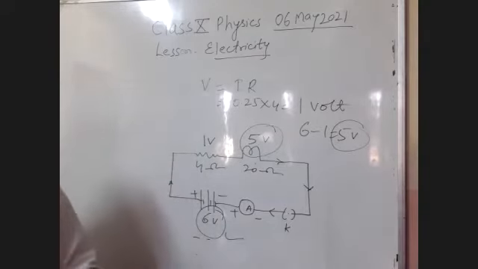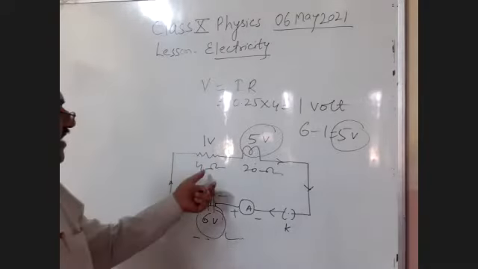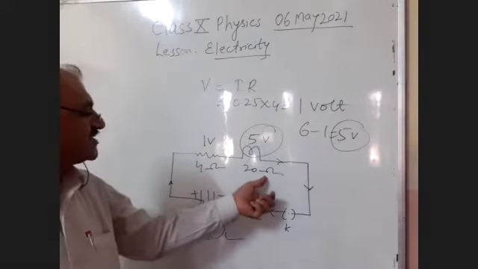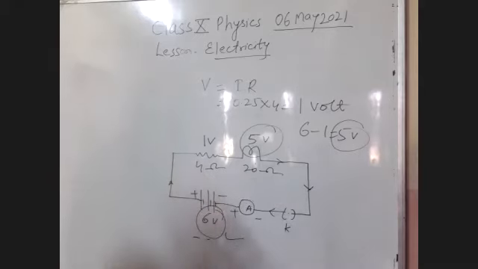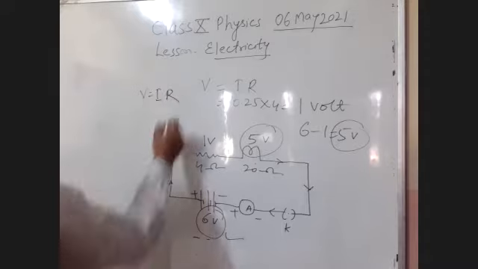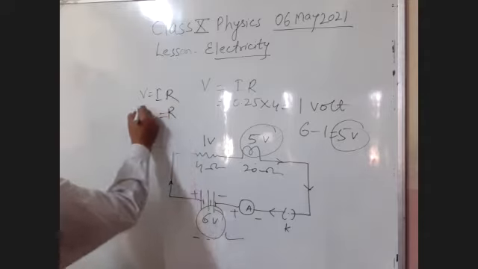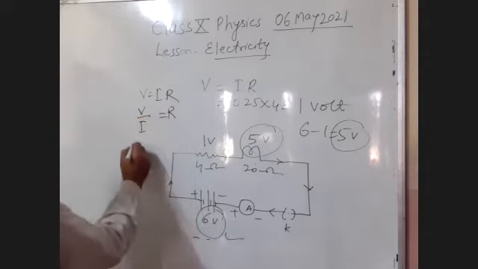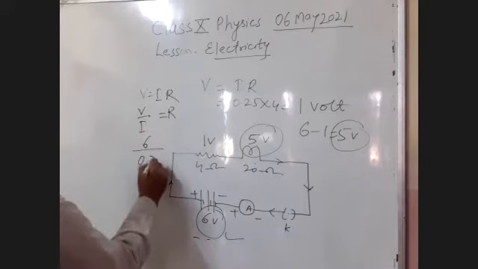Now students, again, if you want to calculate the total resistance, we have already calculated in series 4 plus 20, it is 24, but by using Ohm's law, V is equal to IR, we'll see whether this total resistance of 24 is there or not. Now R is equal to V by I. V is given as 6 and I is given as 0.25.